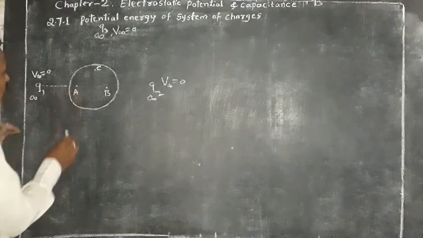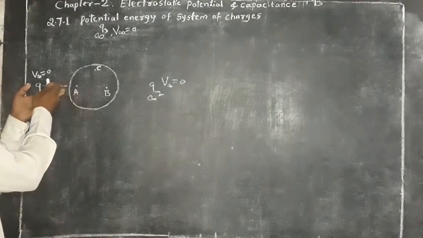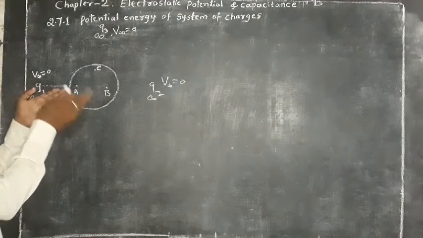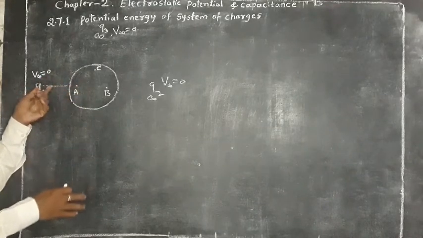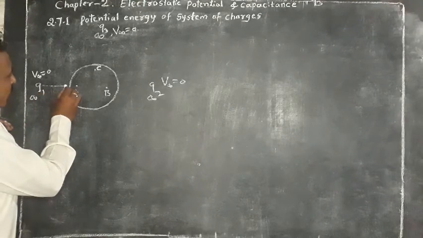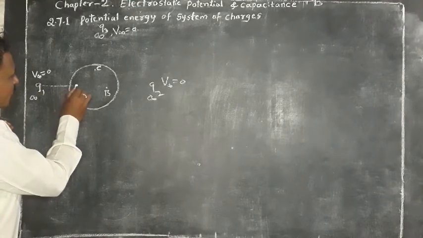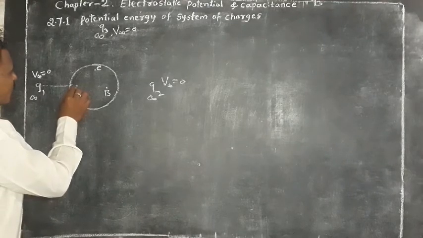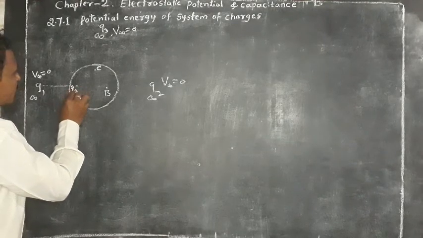And there is no friction or air resistance or any electrostatic force acting on the charge. Therefore, it moves uniformly up to A. Therefore, Q1 is moved to the point A.